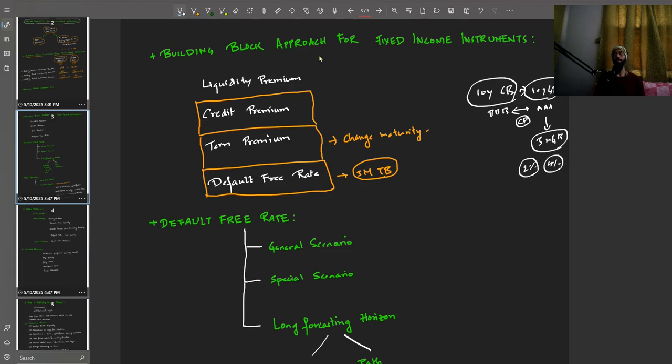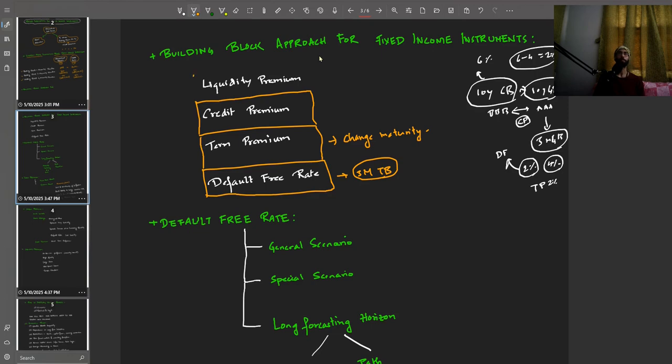So you decide that the default free rate is 2%, the term premium is 4% minus 2%, which is 2%, right? 2% is the term premium, and this 2% is the default free rate, the 3-month government bond rate, right? The corporate bond, let's say, has a yield to maturity of 6%, and here we assume that there is no liquidity premium. So here the credit premium will be 6 minus 4 or 2%, right?